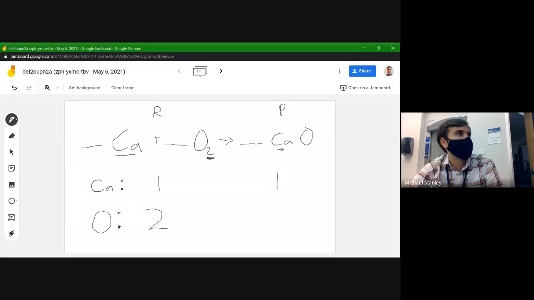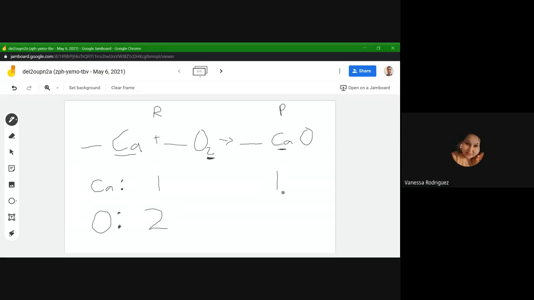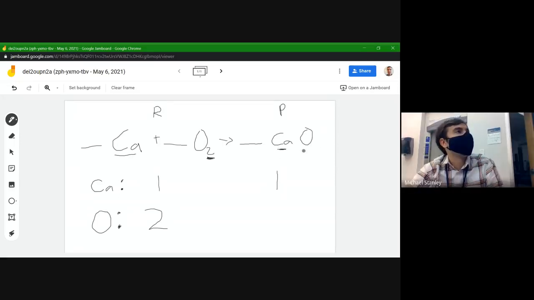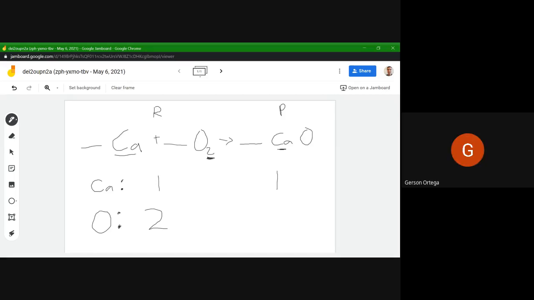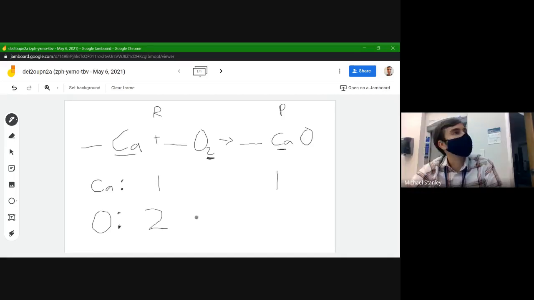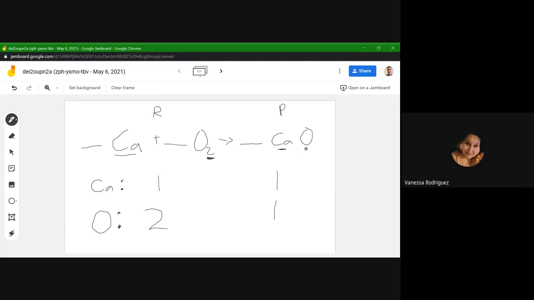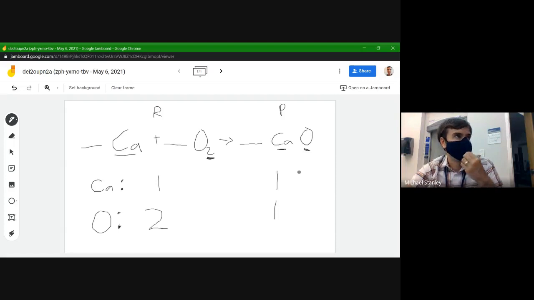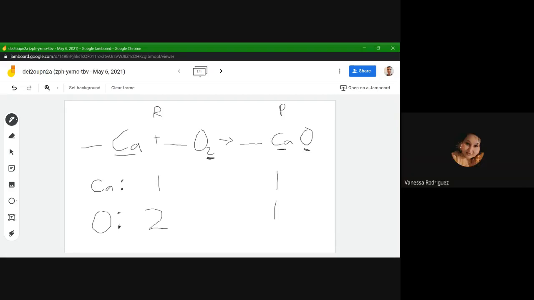So this guy right here is one Ca atom. And then what about our oxygen? How many O's do we have? One as well. Robert's got it as well, and same in the chat. Yep, one as well. One Ca and one O in the product.